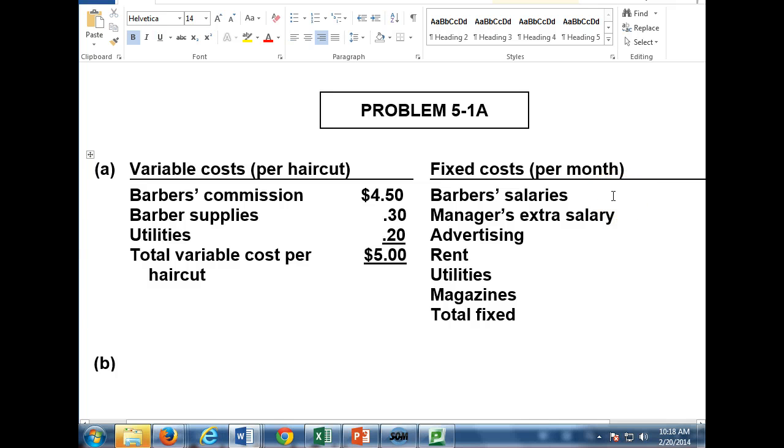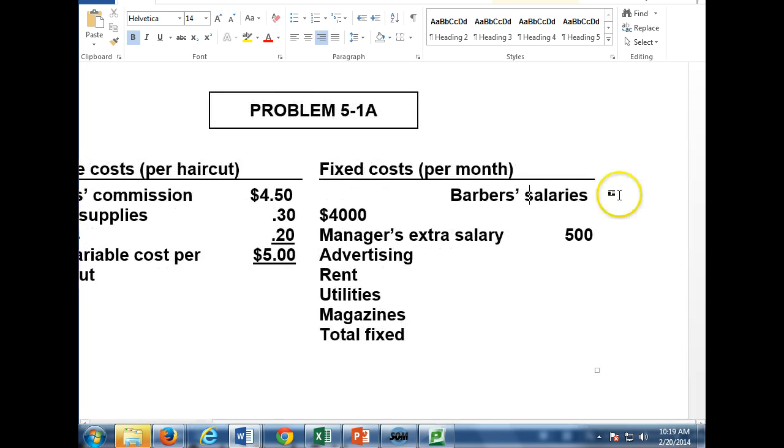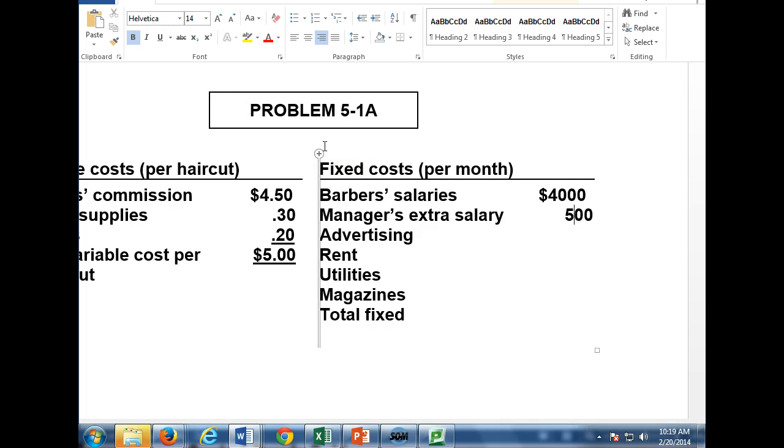What are our barber salaries? 4,000. What's our manager's salary? Extra 500. What's our advertising? Our advertising is 200.